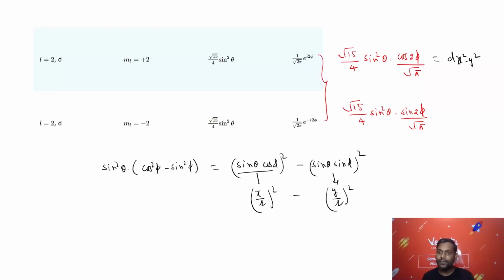The last one, we have sine 2 phi. So sine square theta sine 2 phi, where sine 2 phi would be 2 sine phi cos phi. We can write this as sine theta sine phi, then sine theta cos phi.